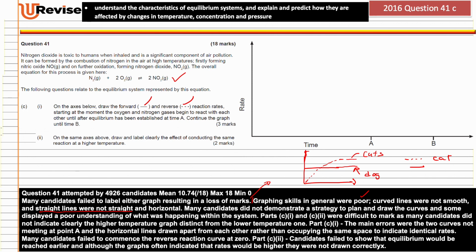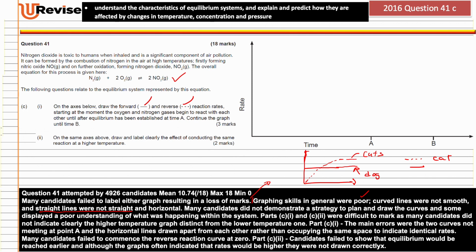Where you're supposed to draw a straight line, use a ruler. It's so frustrating from a teacher's perspective when a kid has a ruler right next to them and decides to draw a straight line freehand. That doesn't work. I understand curved lines because we've got different motor skills. Now, they were not straight and horizontal.